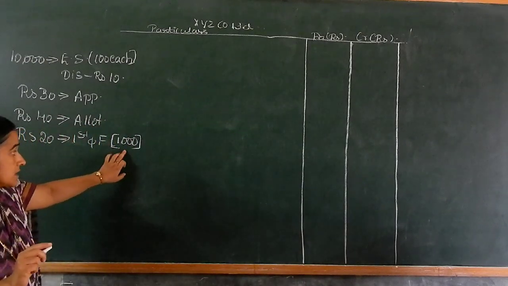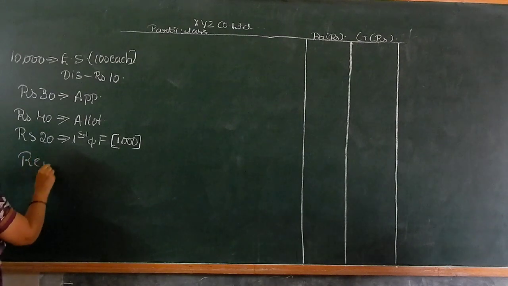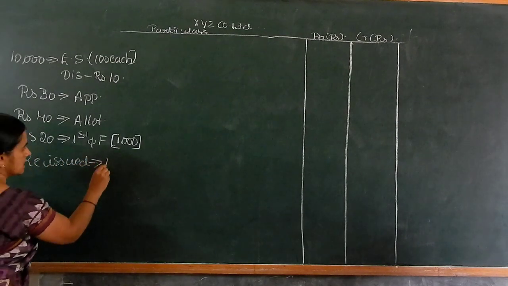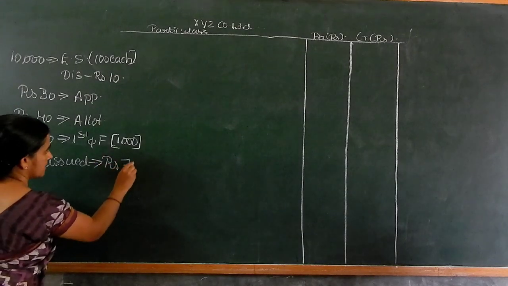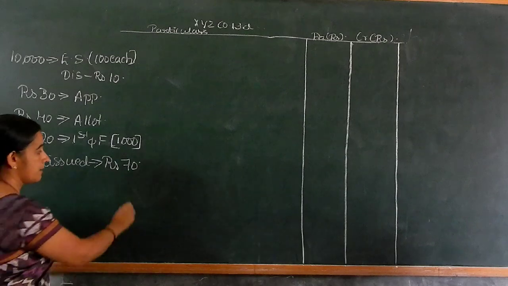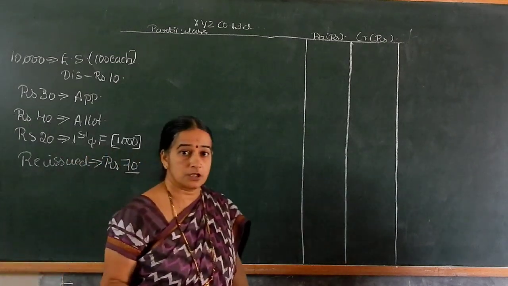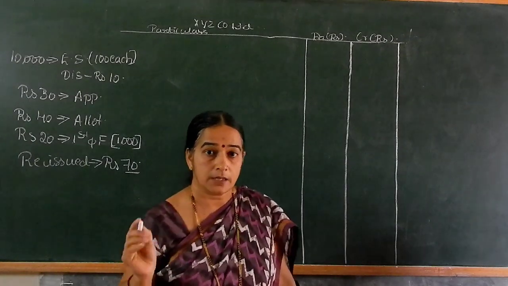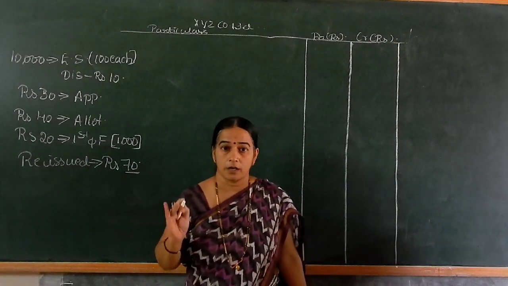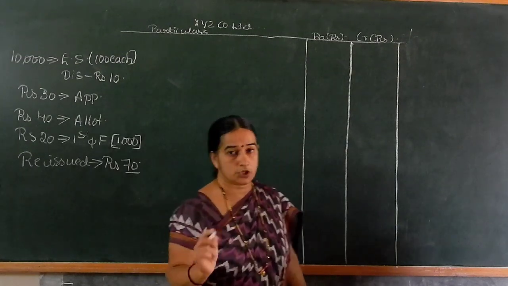All these shares were reissued at rupees 70 per share. Pass the necessary journal entries in the books of the company for issue, forfeiture and reissue of shares.